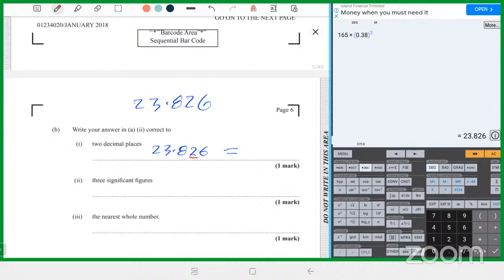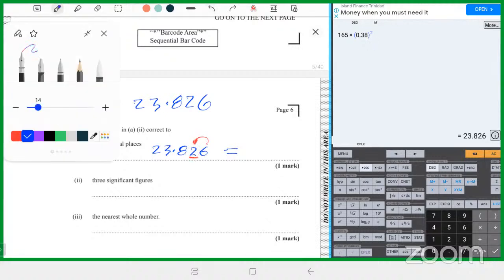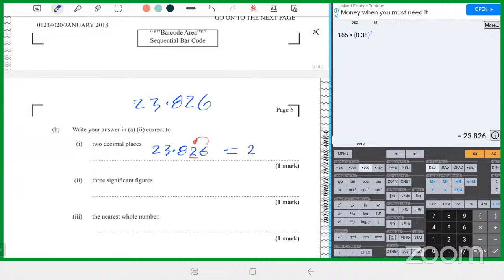We're using this 6 to correct it, because a value of 5 or more will increase this one, and because this is 6, it will increase this 2 to 3. So the result is 23.83 to 2 decimal places.